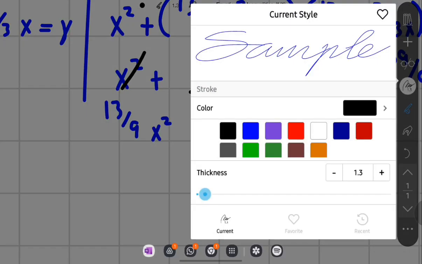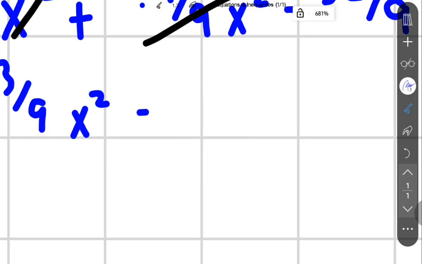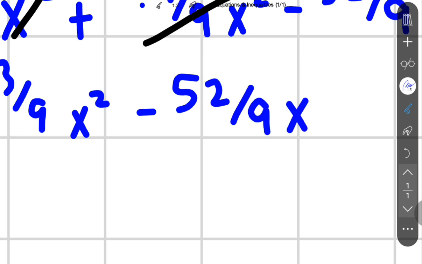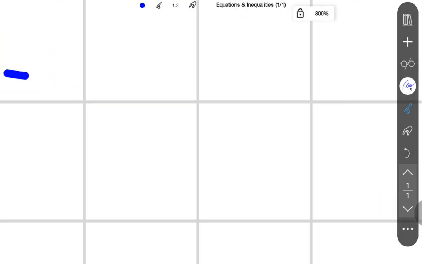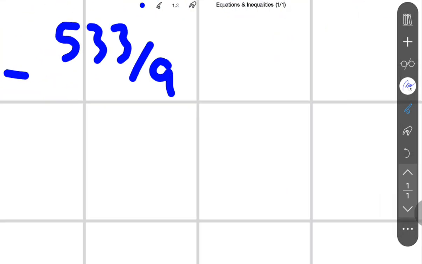Okay, and there's nothing else left with it. And we could just subtract 78 from both sides. So 169 over 9 minus 78. We're left with negative 533 over 9 equals 0.